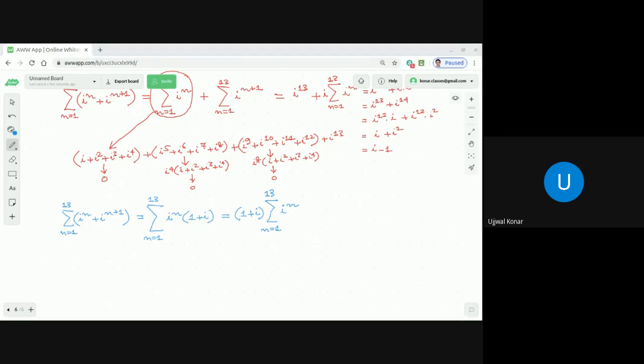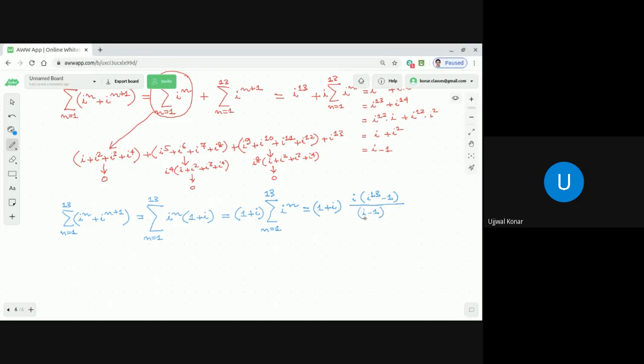If you see, the summation of i^n is in geometric progression where n varies from 1 to 13. So if you recall the geometric progression rule, then 1 plus i into i into (i^13 minus 1) divided by (i minus 1).